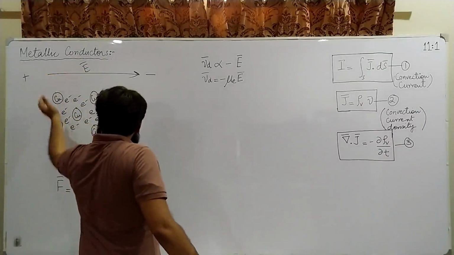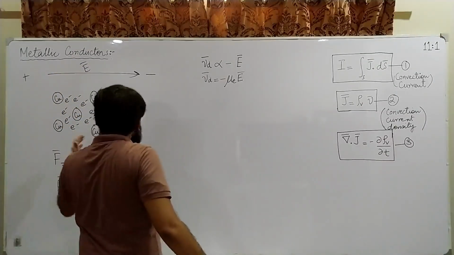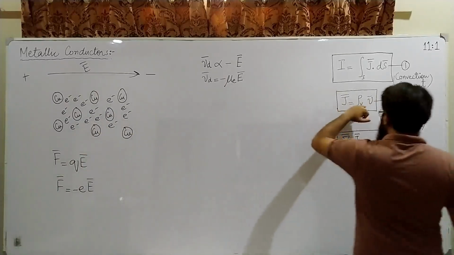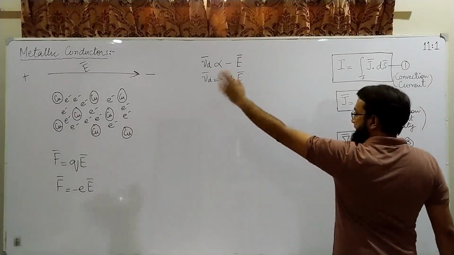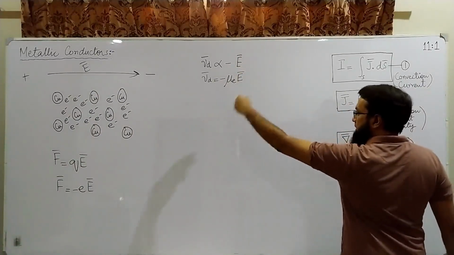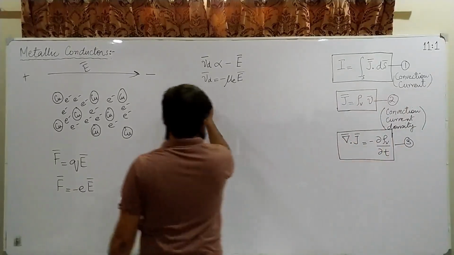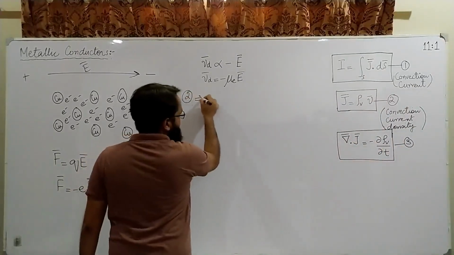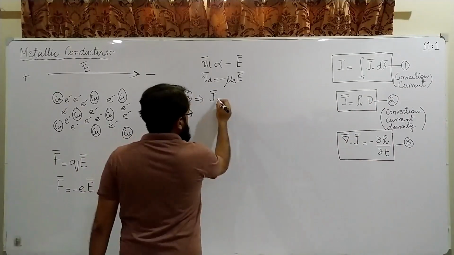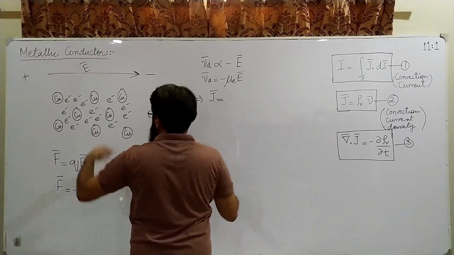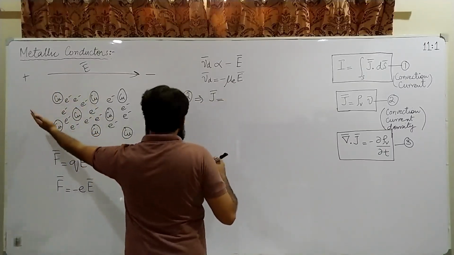So actually there was no current or current density, but now we understood that applying electric field gives the electrons some drift velocity, and if we put drift velocity in equation number 2, it gives us J equals rho v. Now you can say that the number of electrons in this material is equal to the number of protons, so rho v is 0.